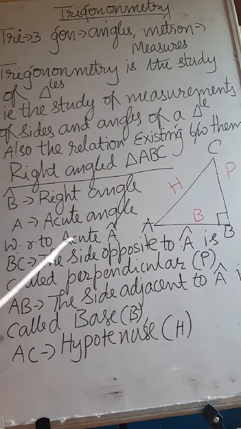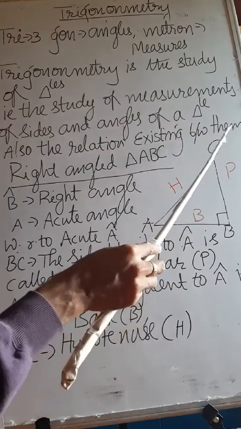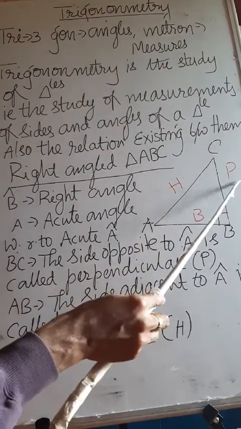In this diagram, I am going with respect to acute angle A. Therefore, BC is the perpendicular, which is the opposite side.